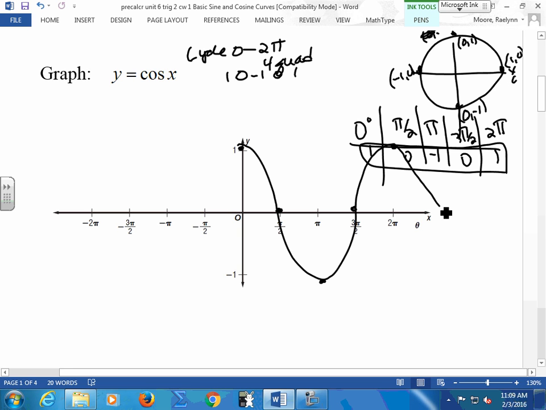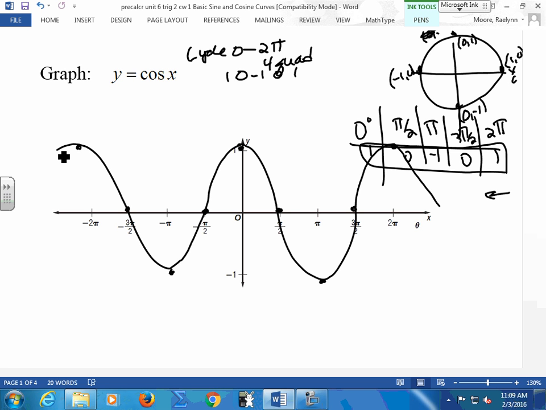Now, I'm going to go backwards to go the other way here. I started at the 1. I went to the 0. I went to the -1. I went to the 0. I went to the +1. Okay, so here's my sine curve.